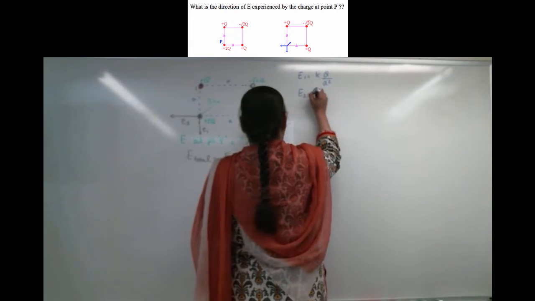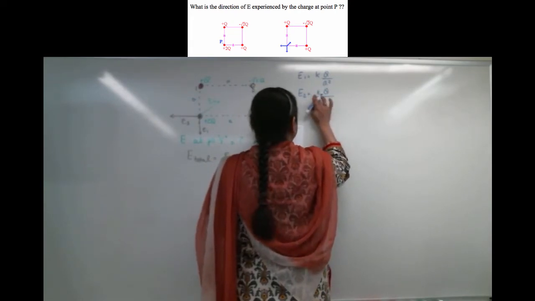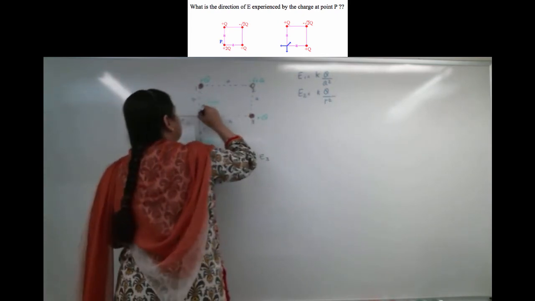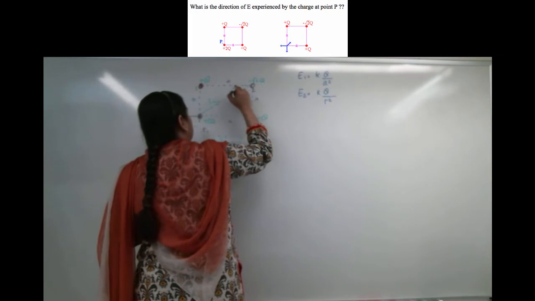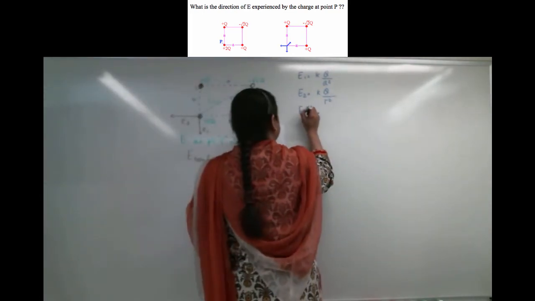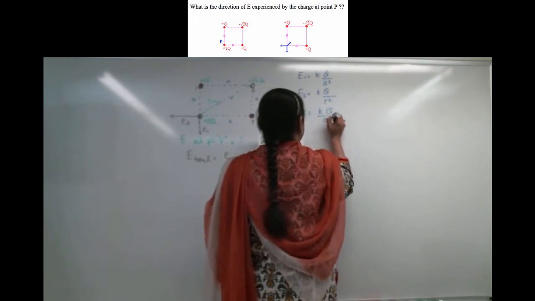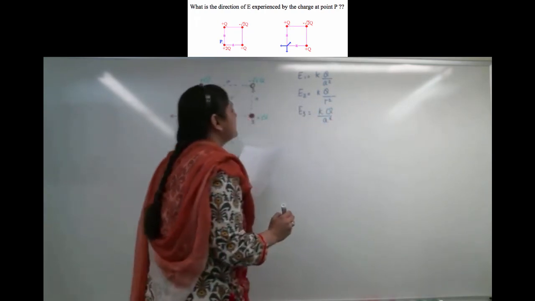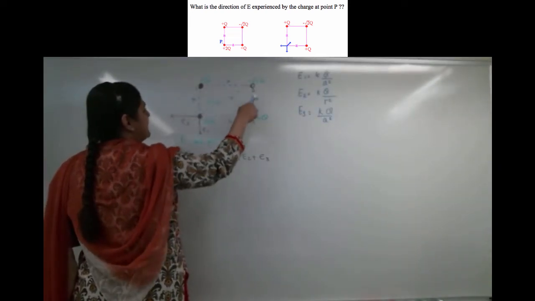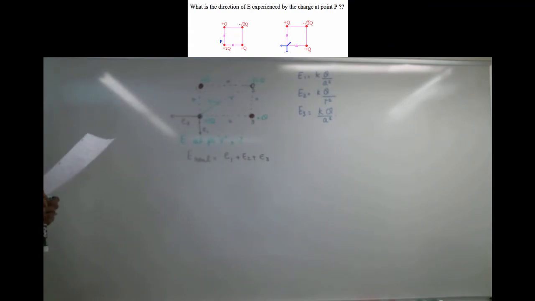E2 will be KQ over R squared, if I call this R. And E3 will be KQ over A squared. Do you all agree with that? If this is A, this is A, this is A, this is A, this is R, then those values will hold true.